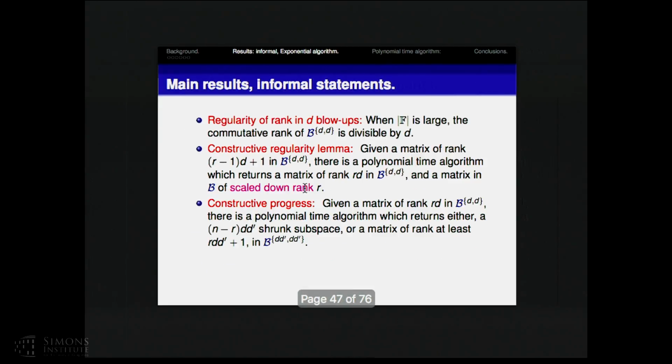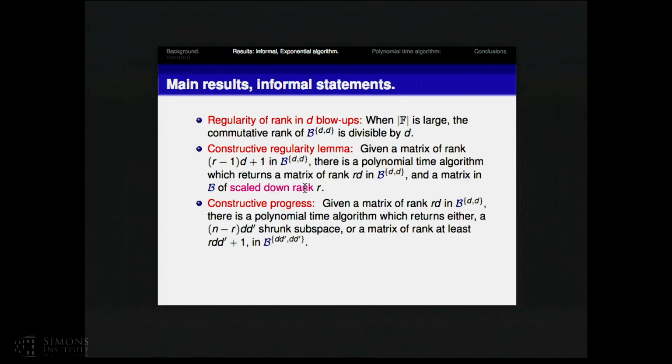So let me give a brief description of what our main results are. These are informal statements. The first statement is that when I take a D blow up and look at the commutative rank, the matrix with largest rank inside the Dth blow up, it turns out that that rank is actually divisible by D. Then the other thing that we have is a constructive version of this regularity lemma.